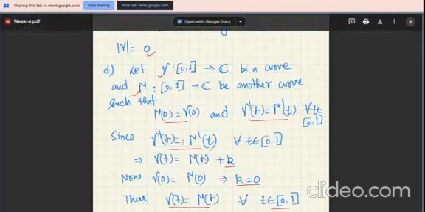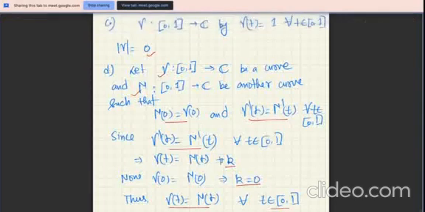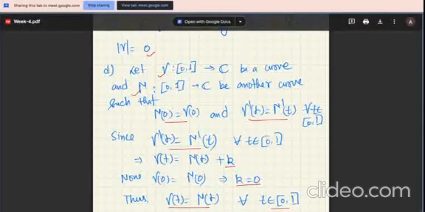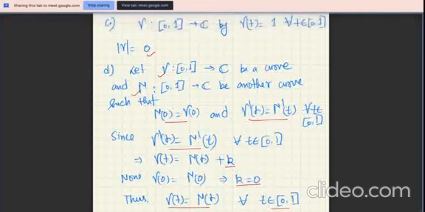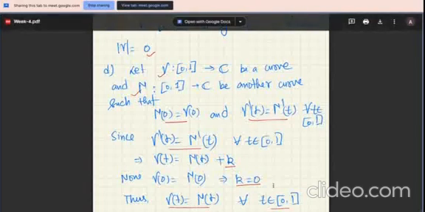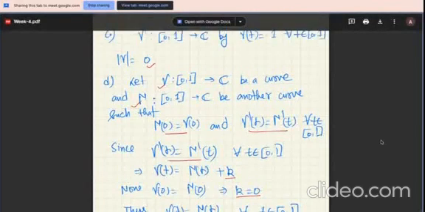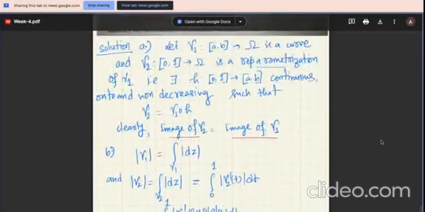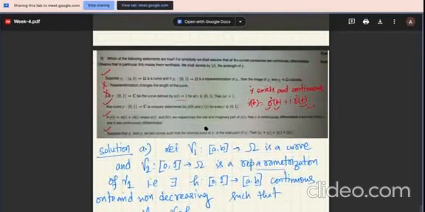Since these two are equal, this is nothing but a constant addition. These two differ by a constant, and since gamma of 0 equals capital Gamma of 0, it implies that k equals 0, and thus these two are equal. So this gives you the uniqueness.